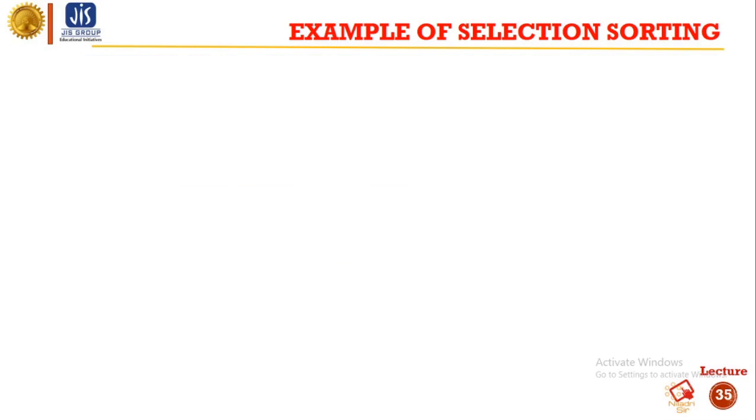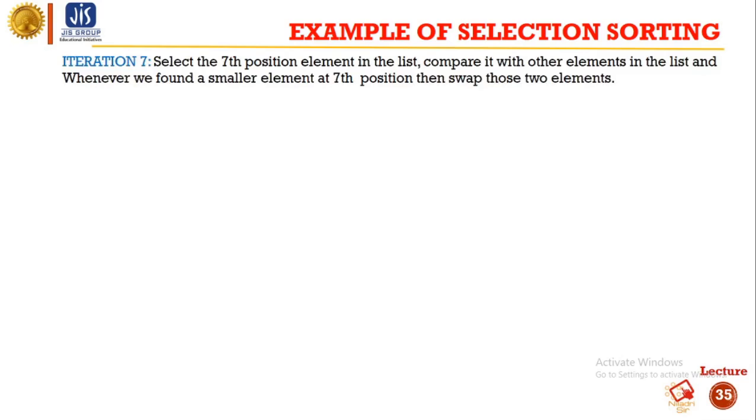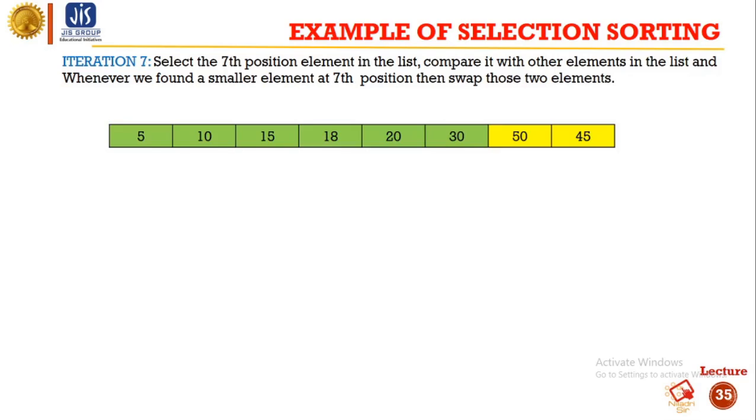So now we'll move to the seventh iteration. Here we will select the seventh position element in the list and compare it with other elements in the list, and whenever we find a smaller element than the one at the seventh position, we will swap those two elements. In the seventh position, the element is 50. So 50 will be checked with other elements, and there is only one other element there, that is 45.